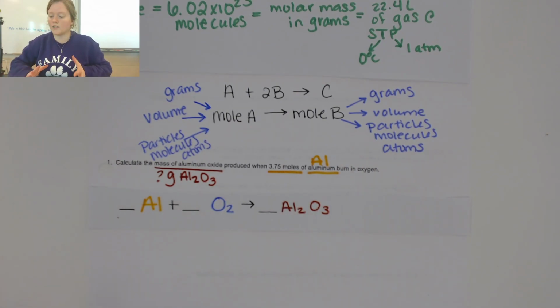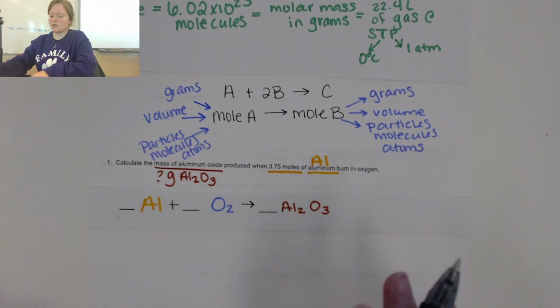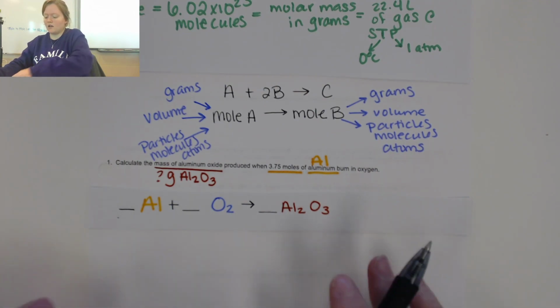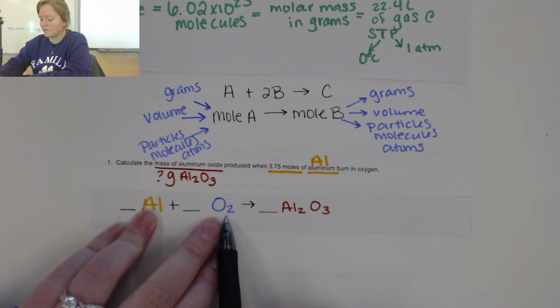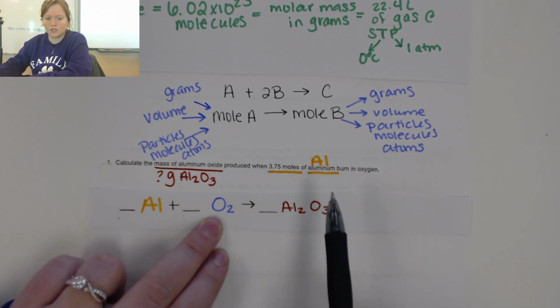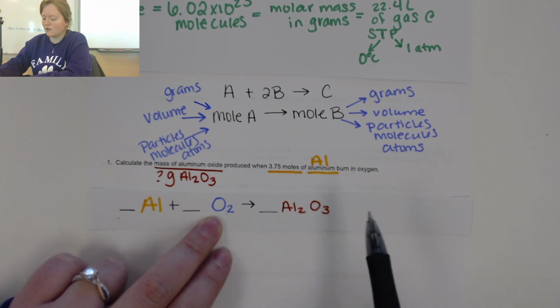So the first step, just like when we did one-step stoichiometry problems, is to balance our equation first. This is an unbalanced equation, so let's go through and balance this out. Let's first take a look at the oxygen. We have 2 oxygen atoms in the reactants and 3 in the products.